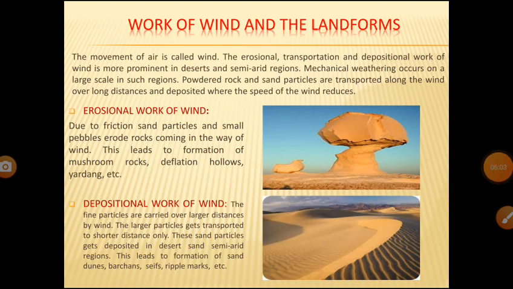Now, work of wind and the landforms. The movement of air is called wind. The erosional, transportation, and depositional work of wind is more prominent in deserts. Children, the meaning of desert is a region of land that is very dry because it receives a low amount of precipitation.